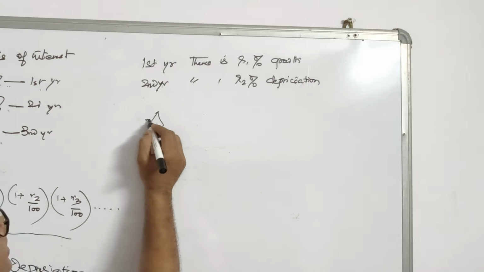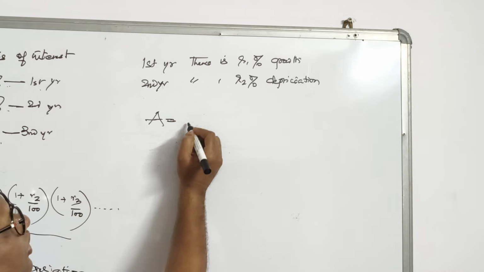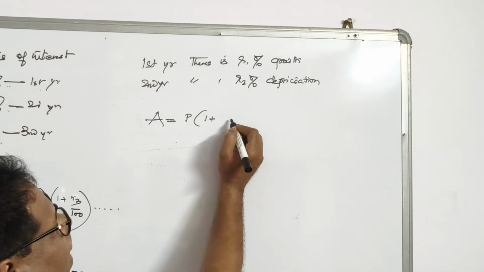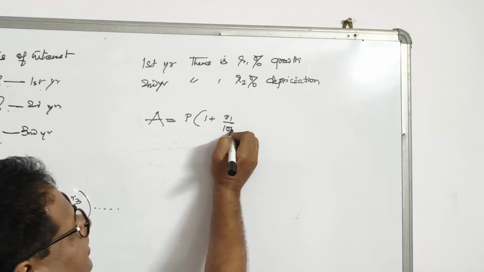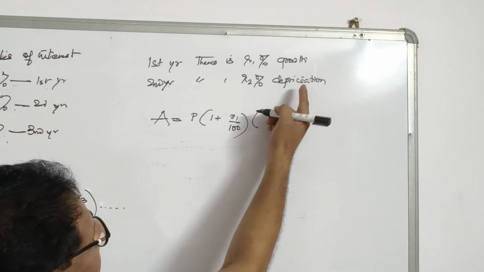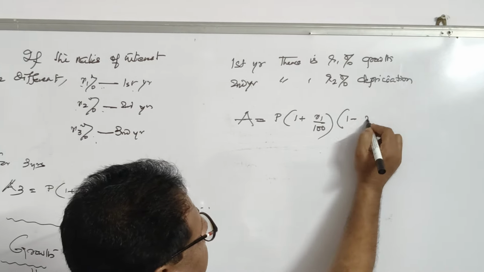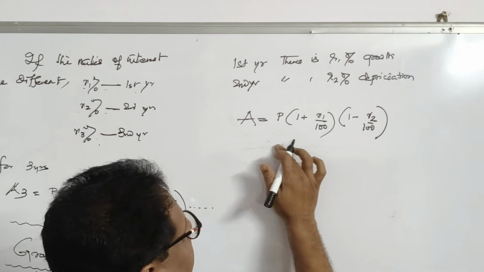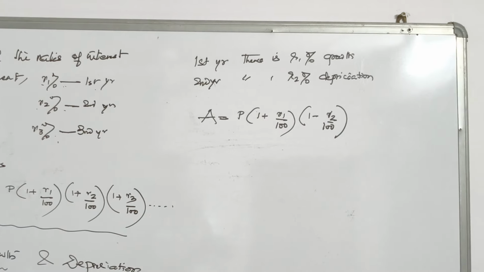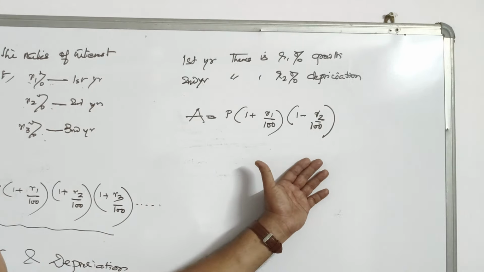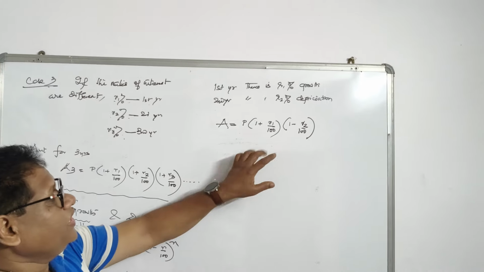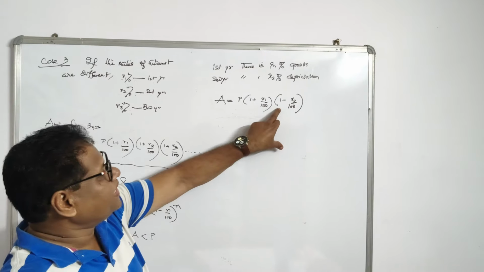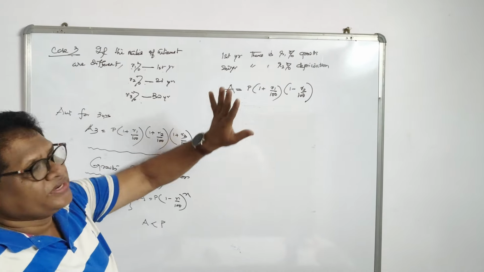Then in this case the formula will run as follows: amount equals P. For the first year it is growth, so you put (1 + R1/100), and for the second year it is depreciation, so you put (1 - R2/100). In this way the questions will keep on getting calculated for successive years. So please make sure in case of growth you have to add the rate, and in case of depreciation you have to subtract it. That is the difference between growth and depreciation.